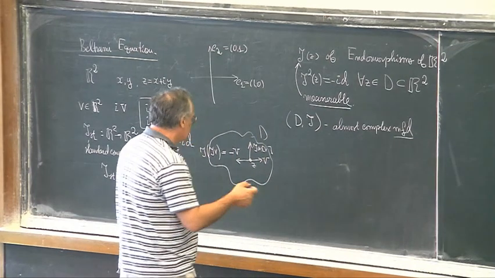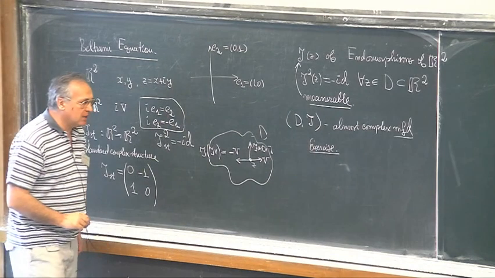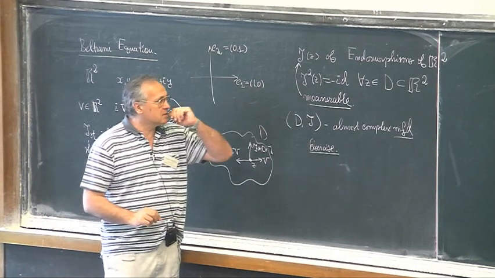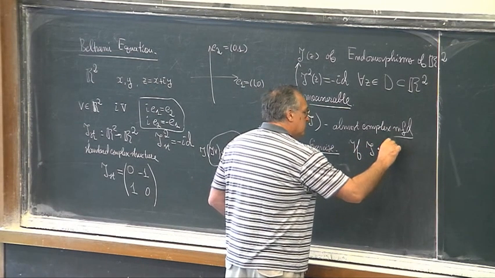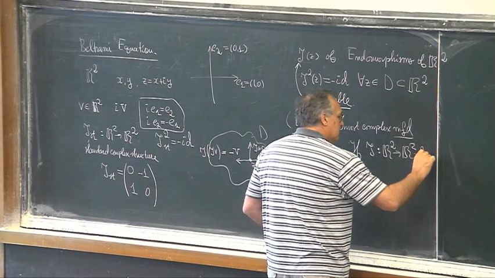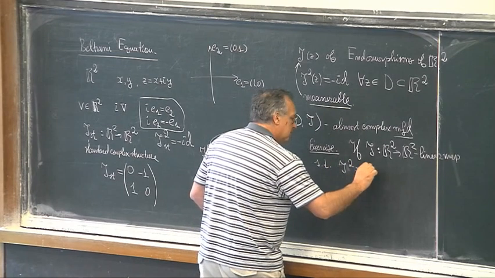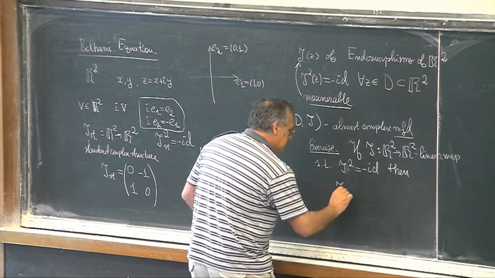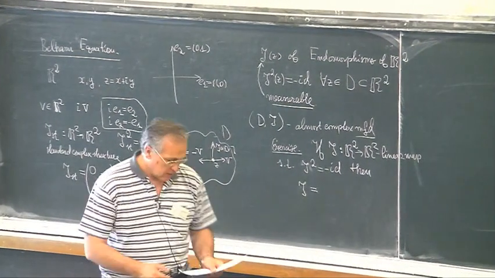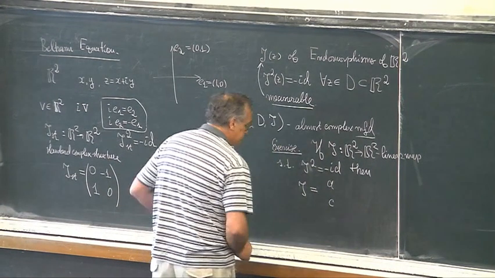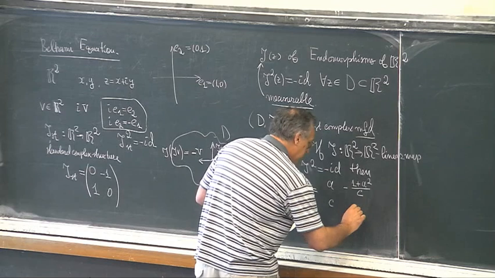Now I'm going to propose an exercise which describes how you can interpret this J. Prove that if J is a linear map from R2 to R2 such that J square is equal to minus identity, then J has the following form in the canonical basis E1, E2: a, c, minus (1 plus a square) over c, minus a.